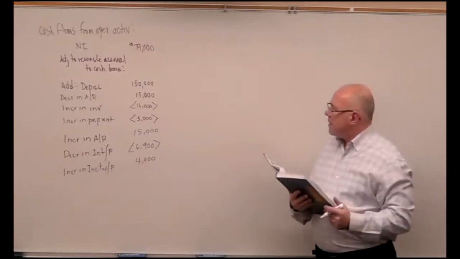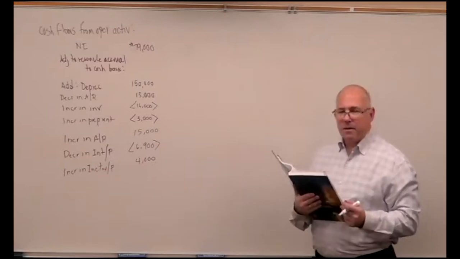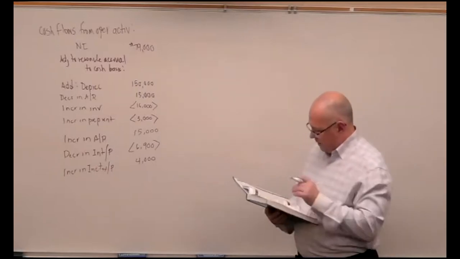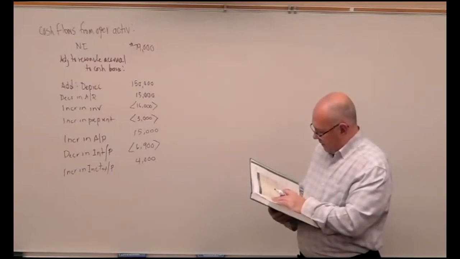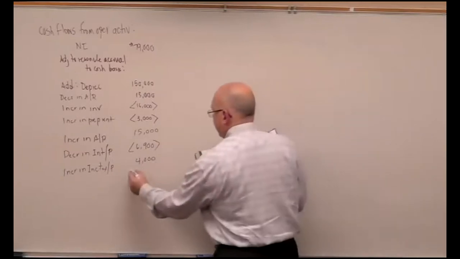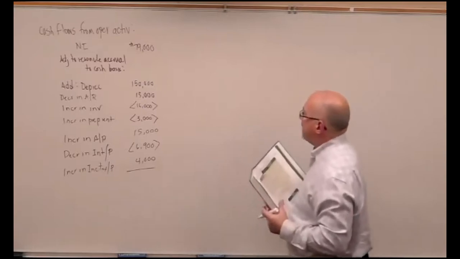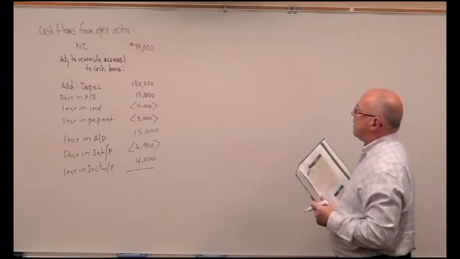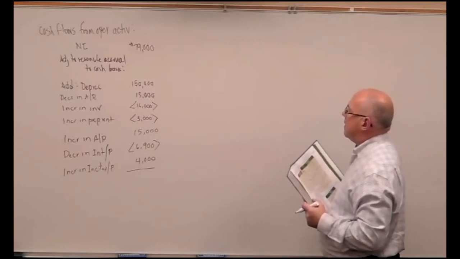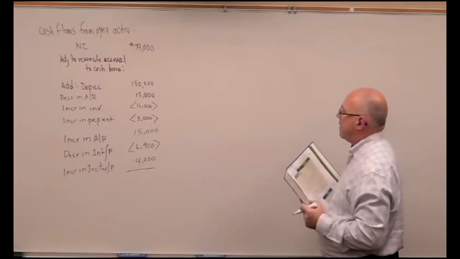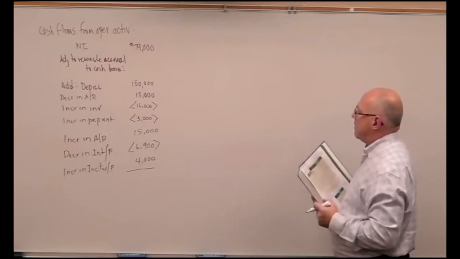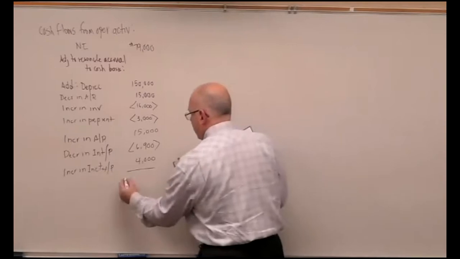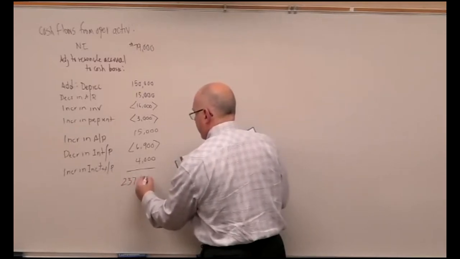Do we have anything else for the operating activity section? Nope. So we just have to add it up. So what do we get? $237,000. Is that it? 237,100.